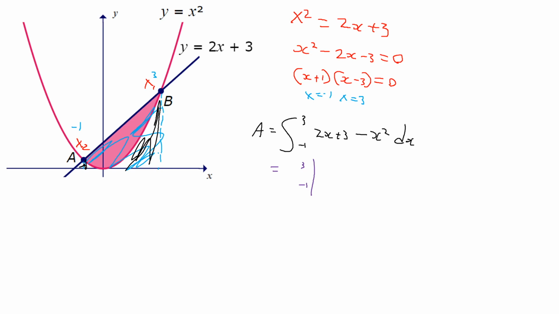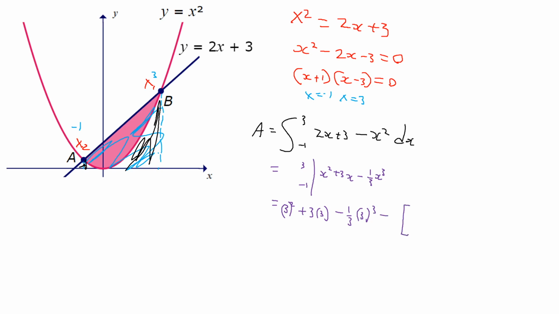We're going to do x squared plus 3x minus a third x cubed, which is the same as 3 squared plus 3 times 3 minus a third times 3 cubed.